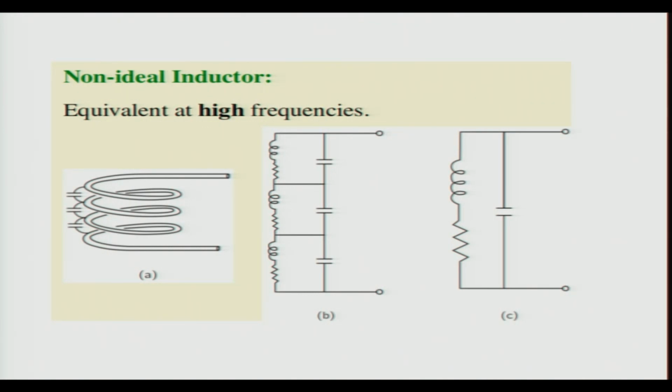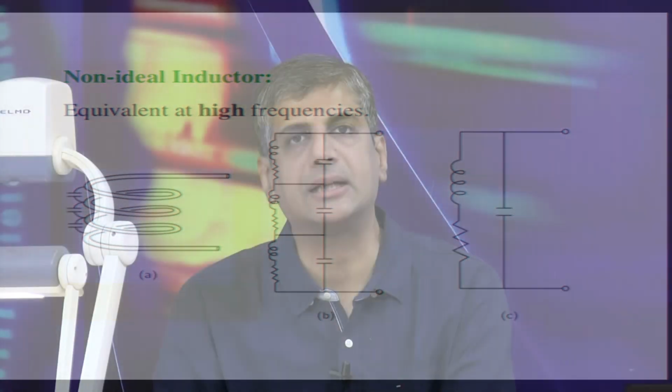Now, this typically happens for a real life inductor at very high frequencies, and we did an experiment last time and saw that it was in fact at more than 500 kilohertz, or more than 70 kilohertz for a 60 millihenry inductor.